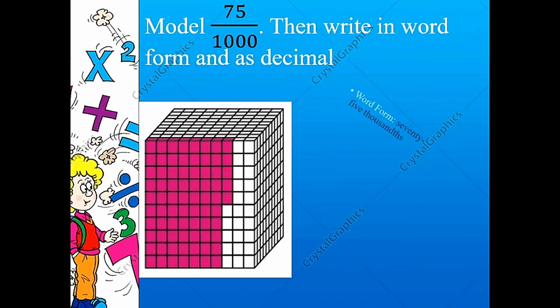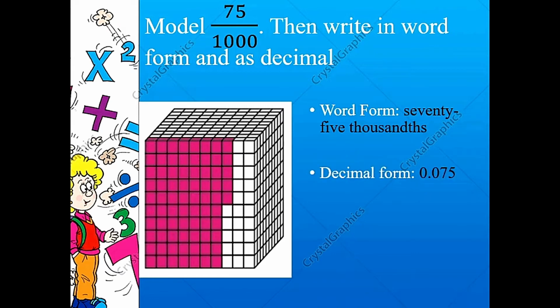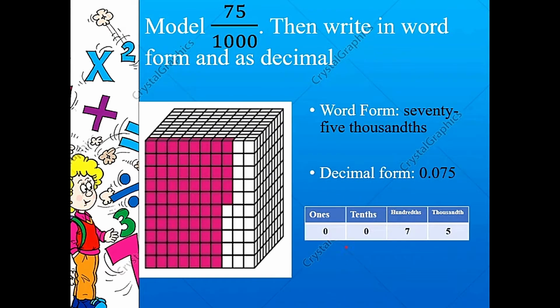It will be spelled out like this: 75 thousandths. And for the decimal, it is 0.075. To check if our decimal form is correct, if you have your calculator with you, you can divide 75 by 1000 and the answer is 0.075. In the decimal place value chart, our ones is 0, followed by the decimal point, tenths is 0, hundredths place is 7, and our thousandths place is 5.